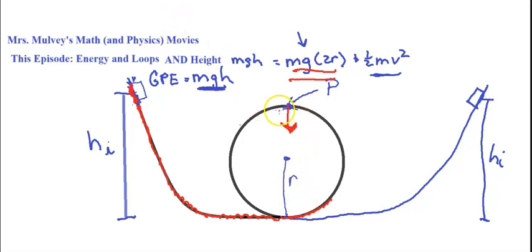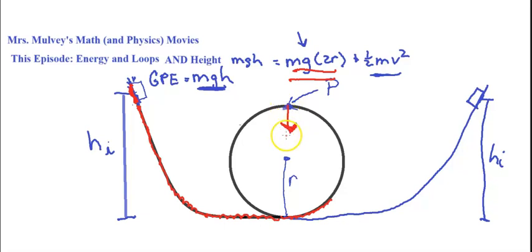So I'd like to be very clear. At this highest point in the loop, the energy in the system depends on two things. Well, really three things if we're looking at friction. It would depend on the coefficient of friction. But it also depends on how fast the object's moving here and the radius of the circle.